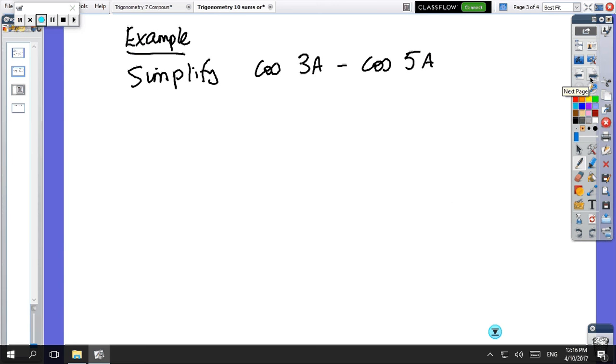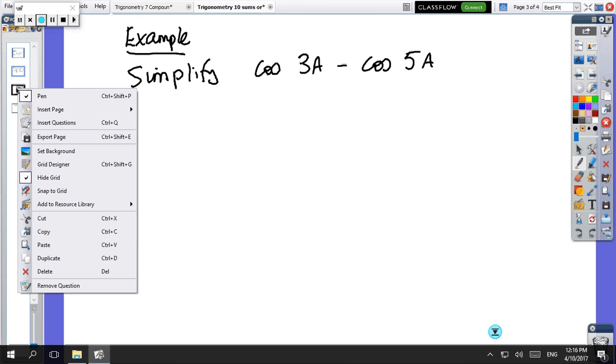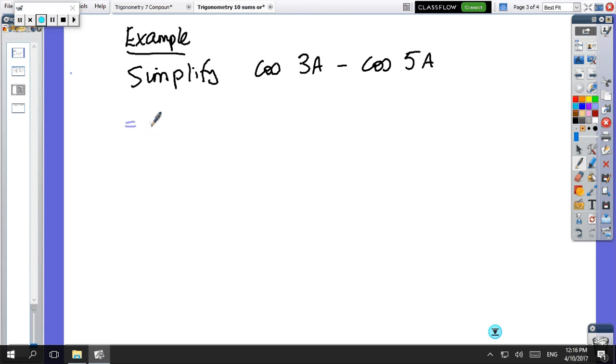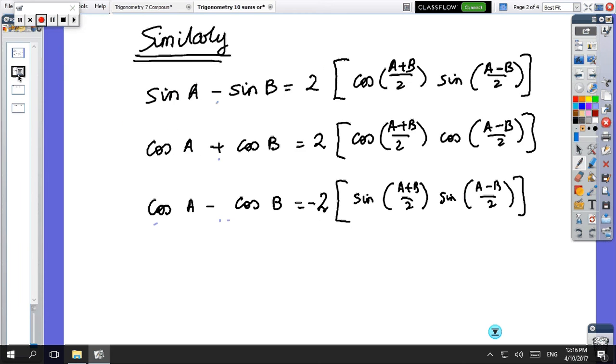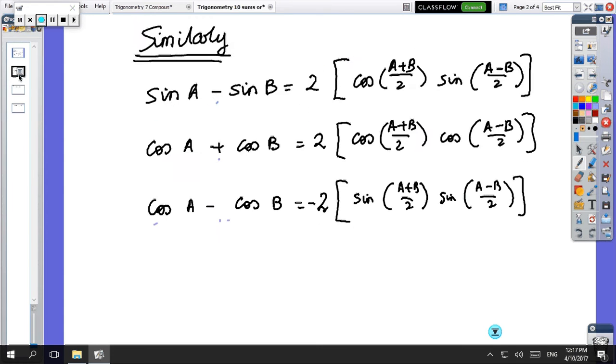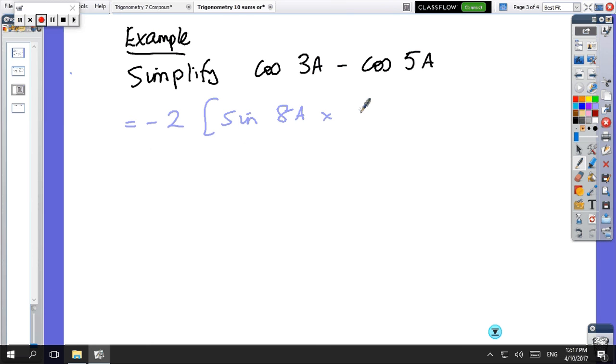So we've got our first one, which is cos minus cos. So again, just go back. Cos minus cos equals minus 2 sine of the sum, sine of the difference. So it equals minus 2 sine (the sum over 2) times sine (the difference over 2), which gives minus 2 sine 8a times sine 2a or so.